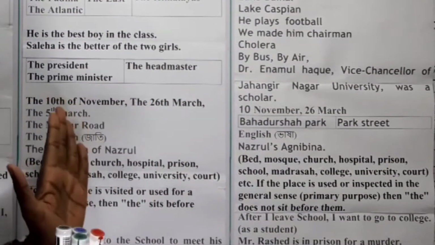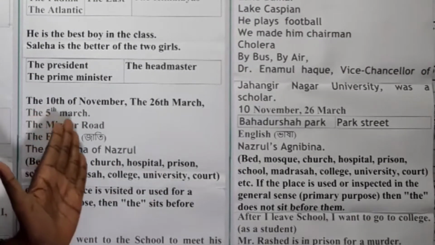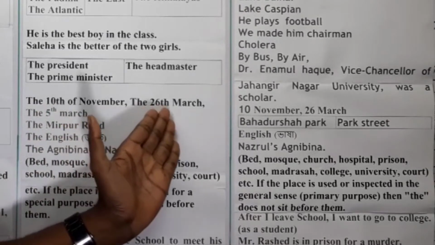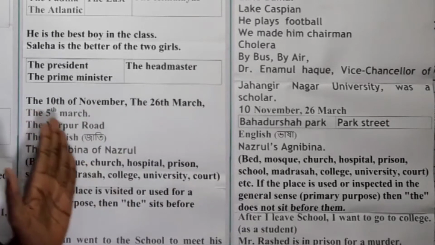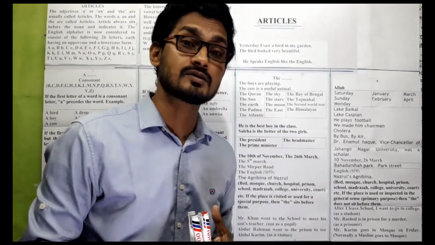If the date is written like this, the will sit: the 10th of November, the 26th of March, the 5th of March. If the word road is associated with a road name, the precedes it.